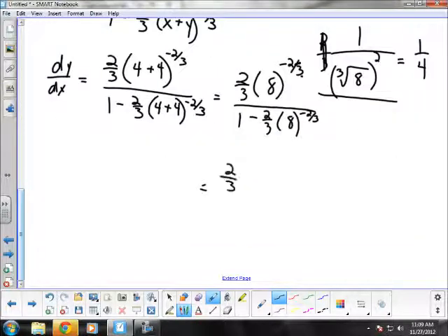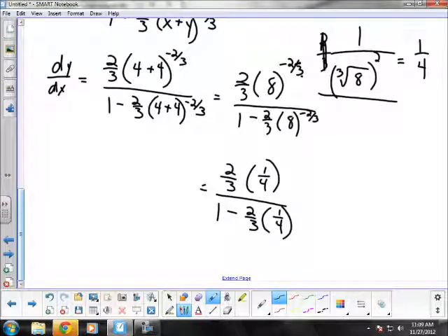So I've got 2/3 times 1/4 over 1 minus 2/3 times 1/4. So I got 2/12, which reduces to 1/6, over 1 minus 2/12, which reduces to 1/6, right?